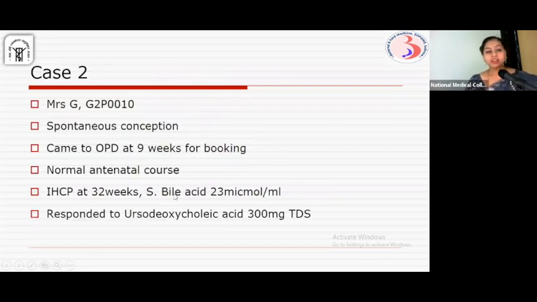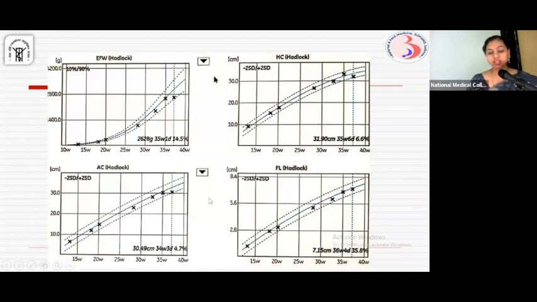So let's say Mrs. G, gravida 2 para 0010 with spontaneous conception, came to OPD at 9 weeks for booking visit with a normal antenatal course, diagnosed as ICP at 32 weeks, serum bile acid at 23 per ml, responded to ursodeoxycholic acid at 300 mg TDS.